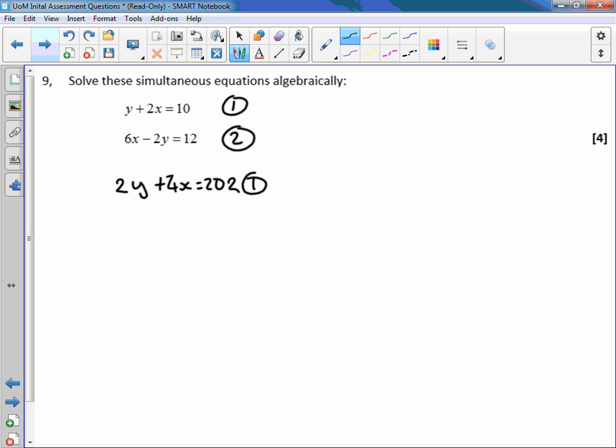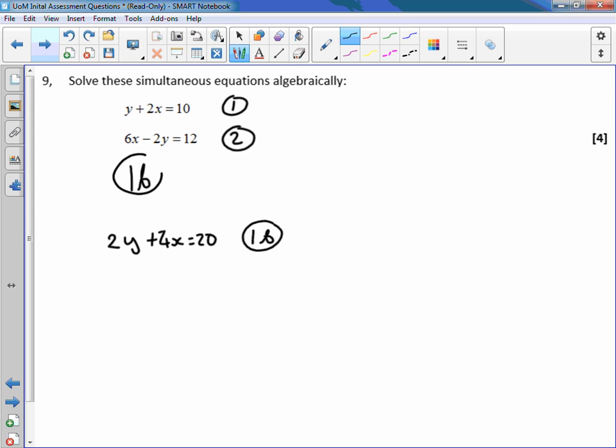So now you'll notice that, let's call that equation 1b. So 1b equals 2 lots of equation 1. You notice that 1b has 2 lots of y, and equation 2 has minus 2 lots of y. So if I add equation 1b to equation 2, those two y's are going to cancel each other out.